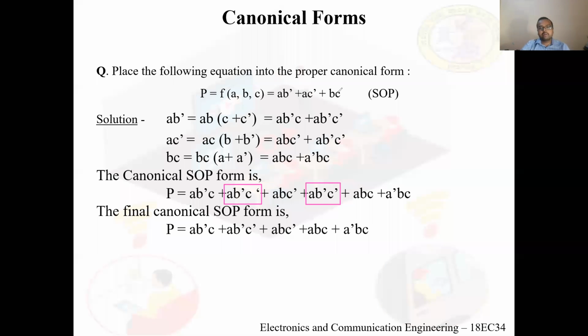We know one property, X or X is equal to what? X. So you write only one term here. So what is the final canonical SOP form here? P is equal to AB bar C or AB bar C bar or ABC bar or ABC or A bar BC.